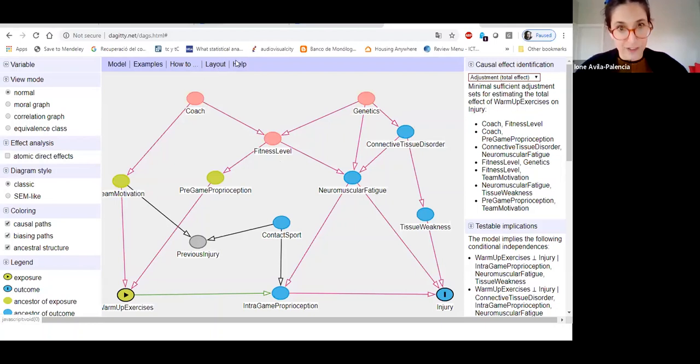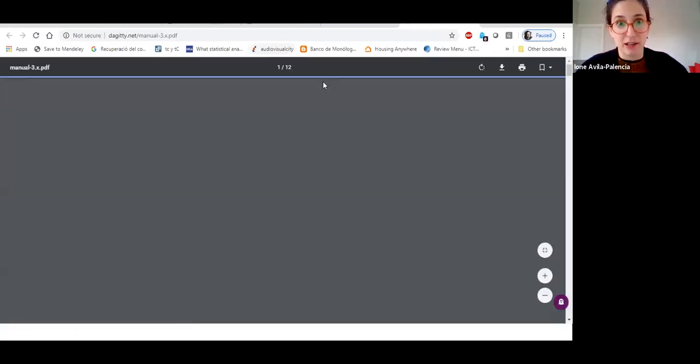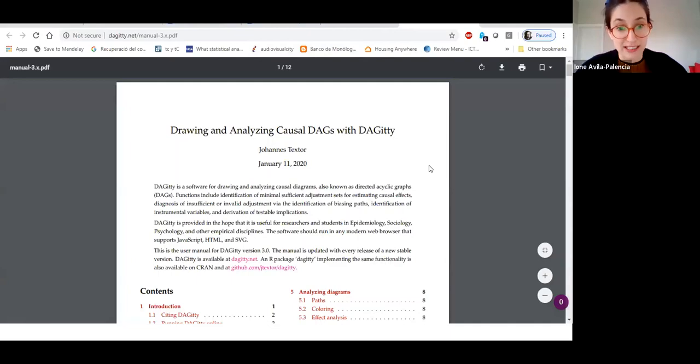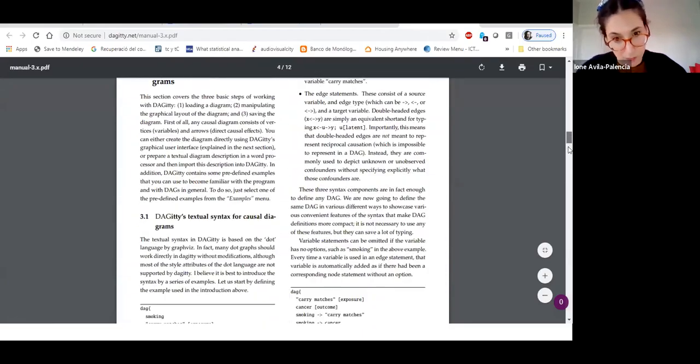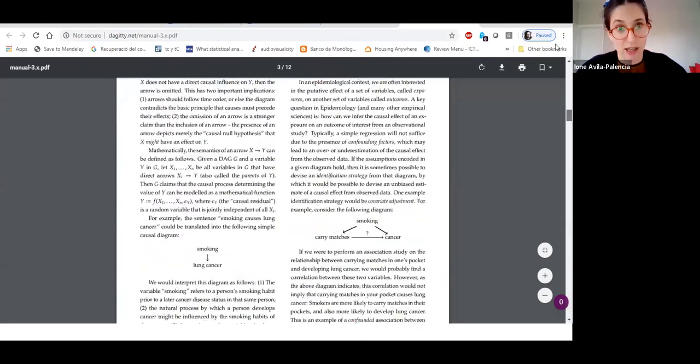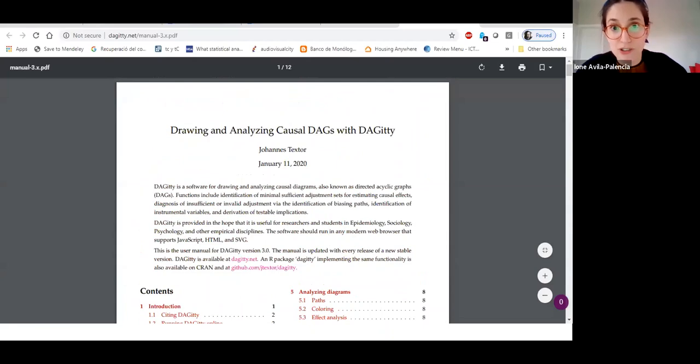Then you have this help. Here you can find the manual. If you click here, it actually shows you the detailed manual of DAGitty, so you can check it in case you are curious about more detailed information about how DAGitty works.